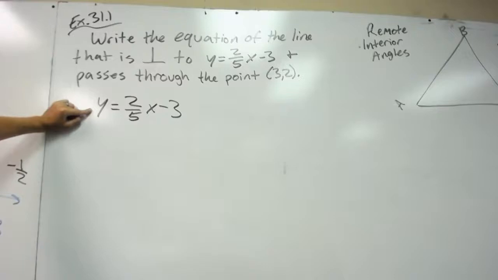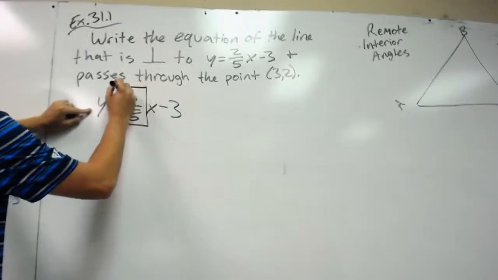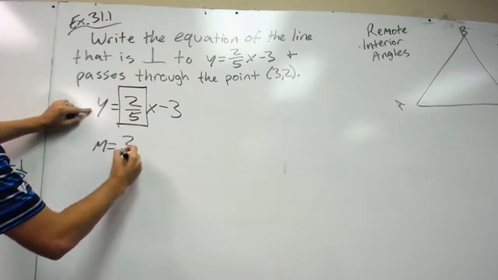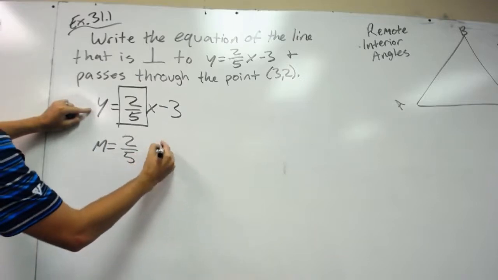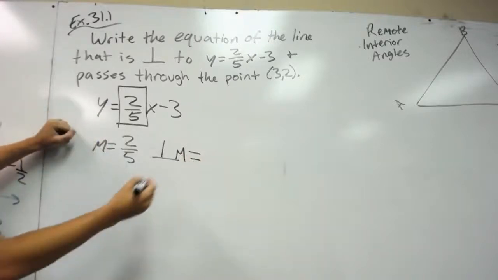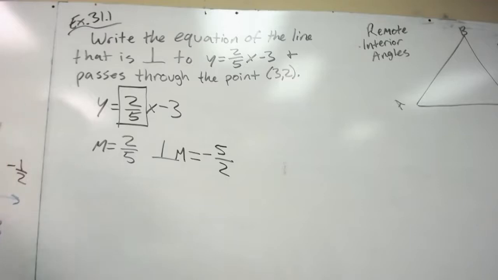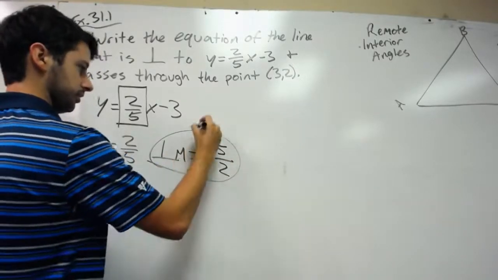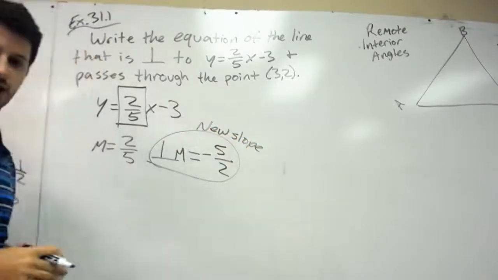So how we can find the perpendicular line is we use its slope. It has a slope of 2/5. Well, perpendicular is negative reciprocal, so the perpendicular slope would equal -5/2. And so this would be our new slope that we will use for our line.